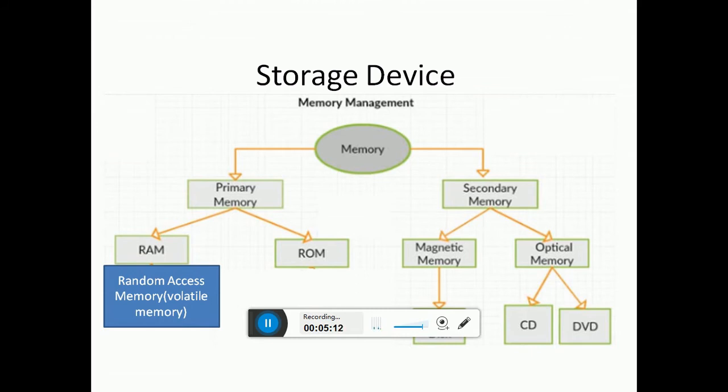Here we can read, write or update data in RAM, while ROM is read only memory, so we can only read the data from ROM, but we cannot write or delete on it.